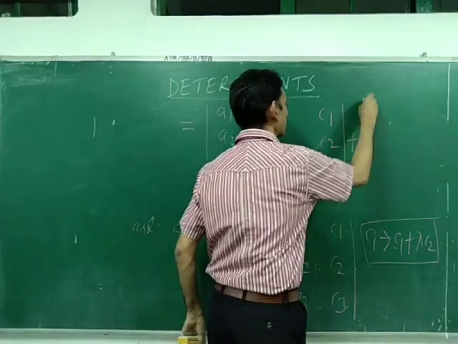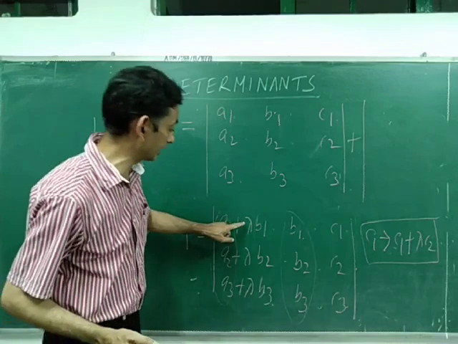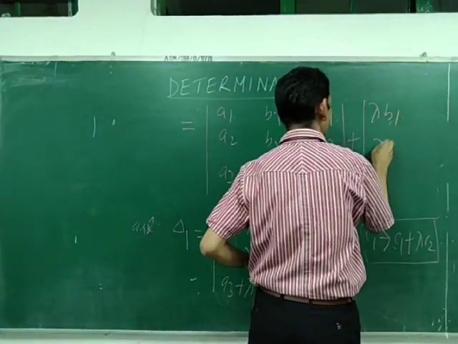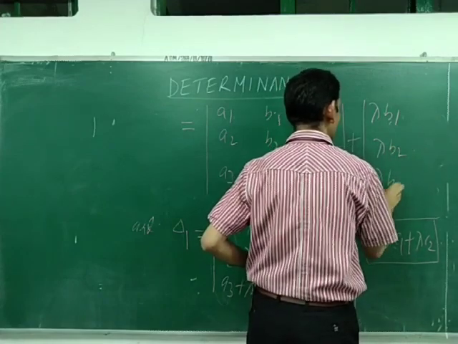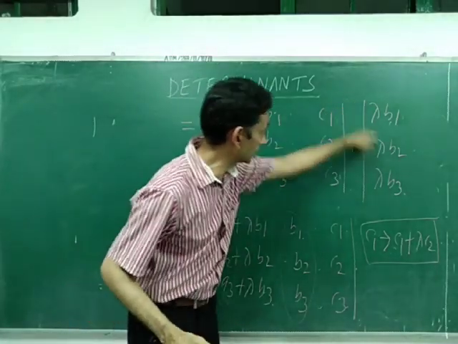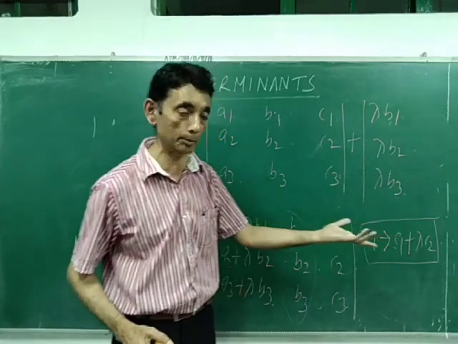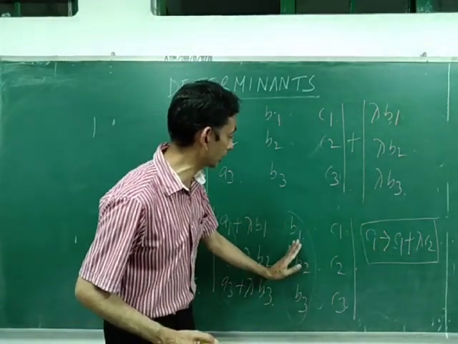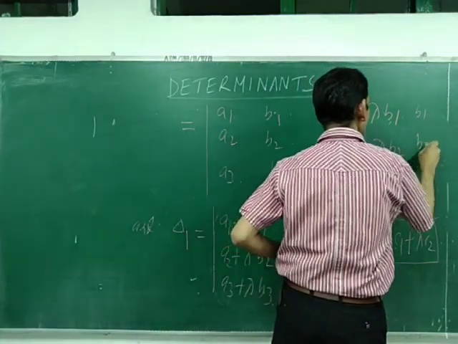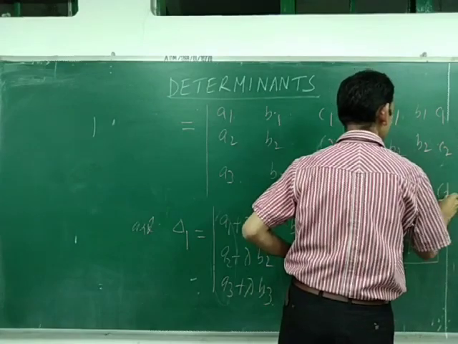Then the first column of the second determinant will be lambda B1, lambda B2, lambda B3. The second column will be B1, B2, B3, and column 3 is C1, C2, C3.